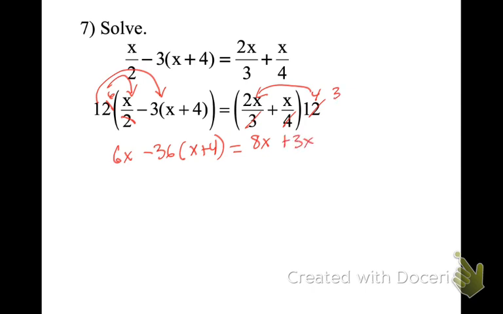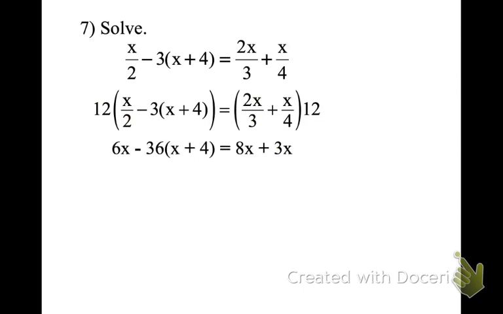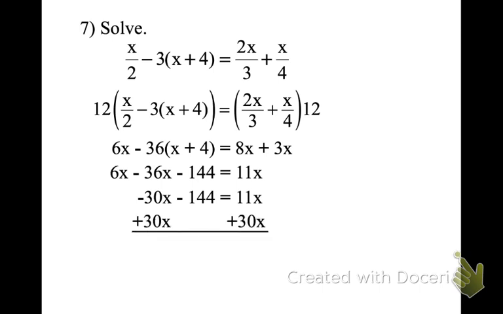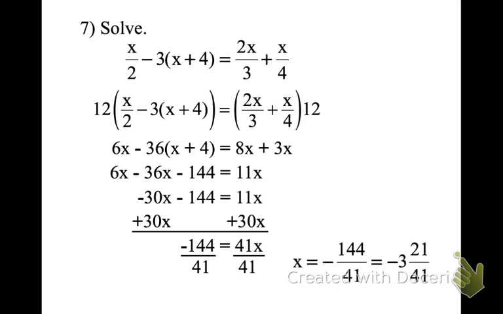Well, let's look at that PowerPoint to make sure I've got all the... Okay, we're going to distribute, and then we'll combine our like terms, and then I'll move my x's to keep them positive. I'm going to divide both sides by 41, and we can leave it as negative 144 over 41.